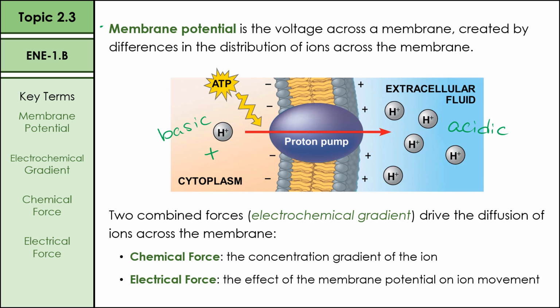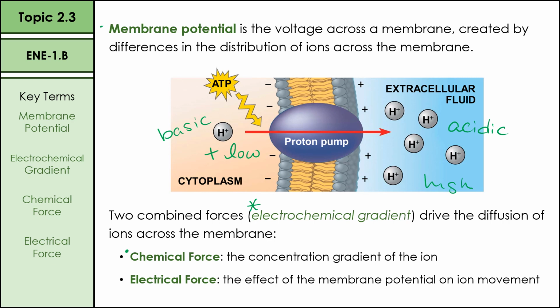And so the movement of these ions is going to be determined by the combination of two forces, creating what we call an electrochemical gradient. So these are determined by our chemical forces, that is the concentration of the ion. So we have low and we have high. And that's also going to be determined by our electrical force.